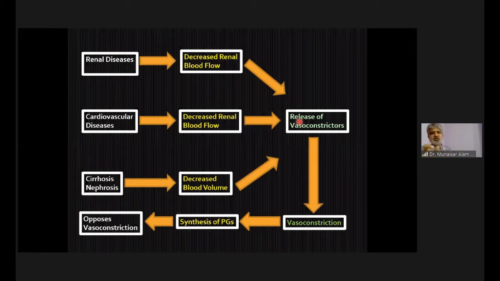By this you create the blood pressure inside the vessel, that's why the blood is supplied to the area normally. So there is the feedback system that releases some vasoconstrictors, which cause the vasoconstriction.